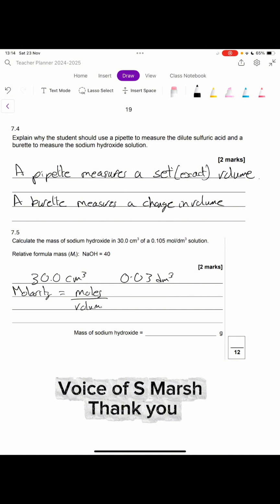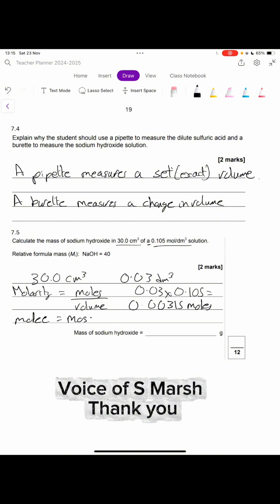So we know the volume, 0.03, and we multiply it by the molarity, 1.05, and that's going to give us the number of moles, which is going to be 0.00315 moles.